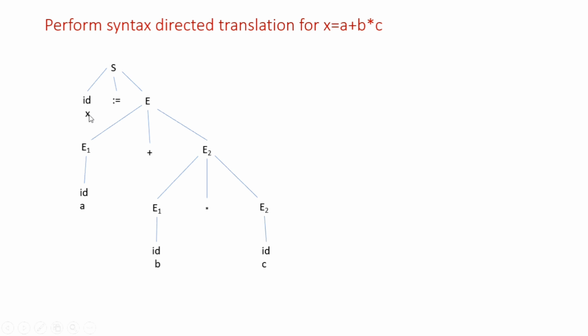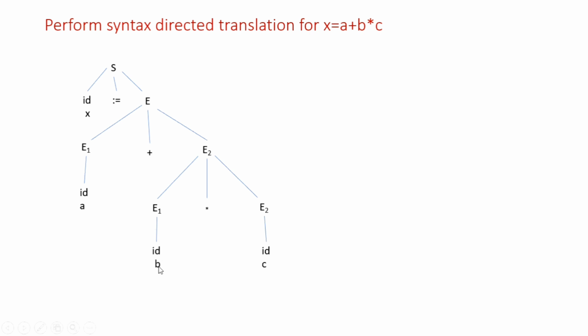On the right side, e will be abbreviated as e1 plus e2, and then this e2 will be abbreviated as e1 star e2. This e1 is going to hold the id value. For this id we will have a, so we will be replacing this id by a. Then this e1 is replaced by id.